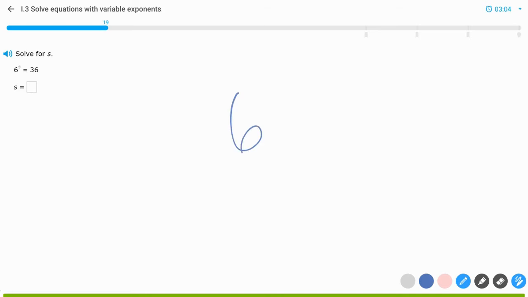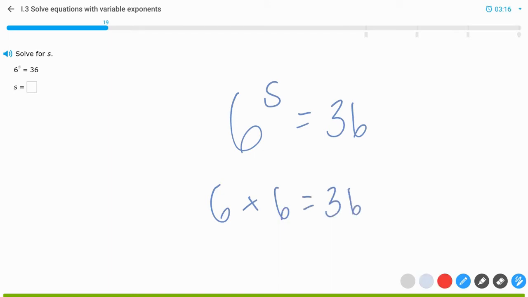Here I have 6 to the s power equals 36. I know that 6 times 6 is 36. I can see that I have 2 6's. That means that the other way that I could write this is 6 squared is 36.